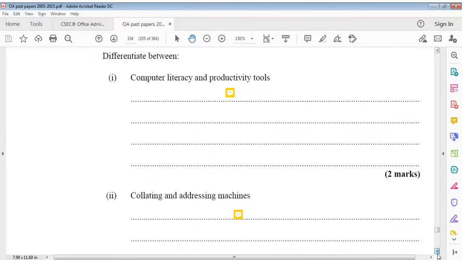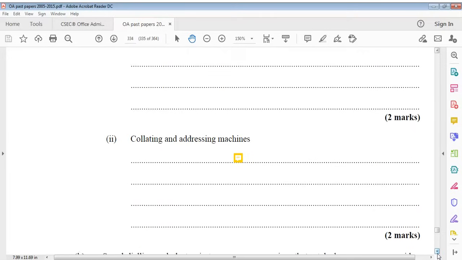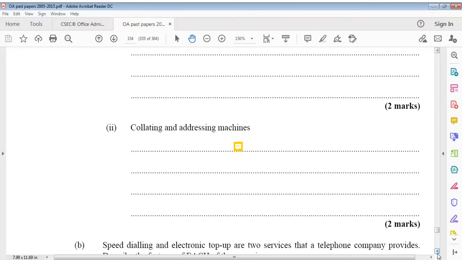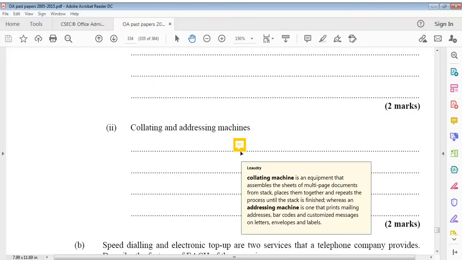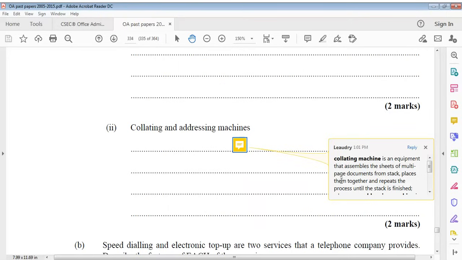Let's move on to question number 2. You are to differentiate between collating and addressing machines. So what is the difference? Let's get into our answer.